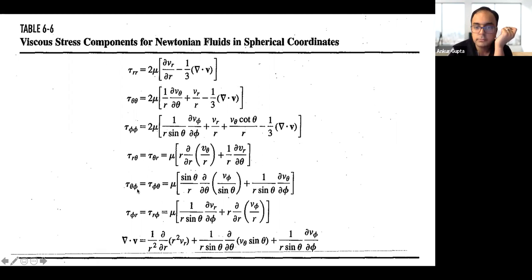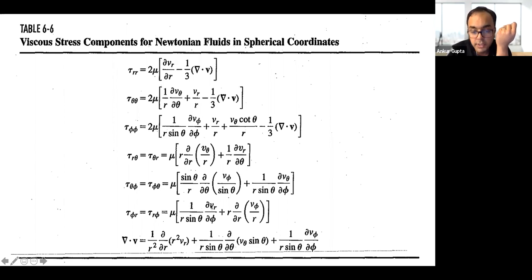Tau theta phi. Now tau theta phi has v phi, which is non-zero. It has v phi by sine theta, and you can remember v phi is f sine theta. So the term in the brackets is only f, which is only a function of r, so this also is actually 0, and del v theta is 0. Then v r is 0.